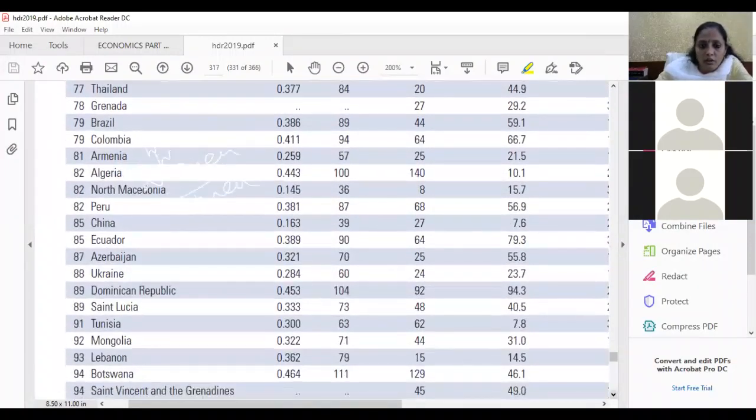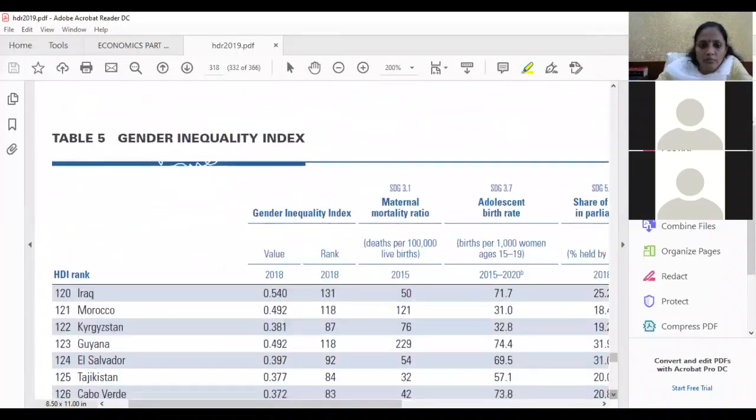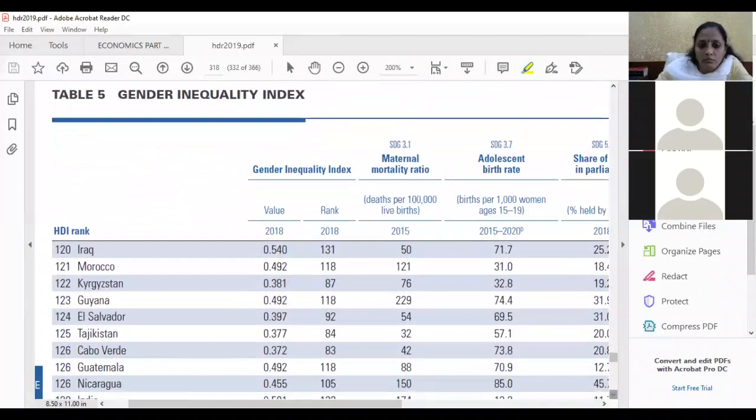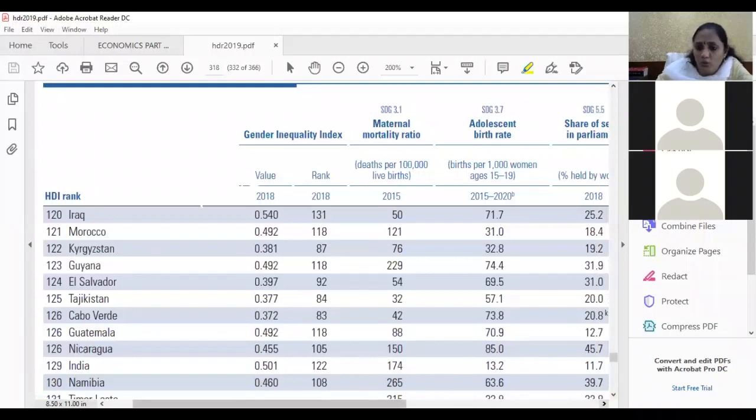And then we are moving to 129 rank where India is, medium development. You can see that our gender inequality index is 0.501. And you can see that we have a maternal death of 174, which is what I mentioned, which is very high, because for our levels of population, it should not be this high.